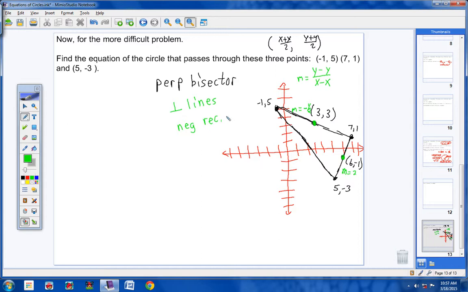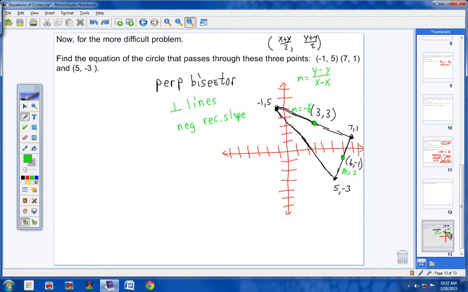Reciprocal slopes, okay? So what that means is if I draw the perpendicular bisector of this side here, the slope of this line right here would be the negative reciprocal of this slope here, because this line here and this line here are perpendicular. And if they're truly perpendicular, then their slopes have to be negative reciprocals or opposite reciprocal slopes.